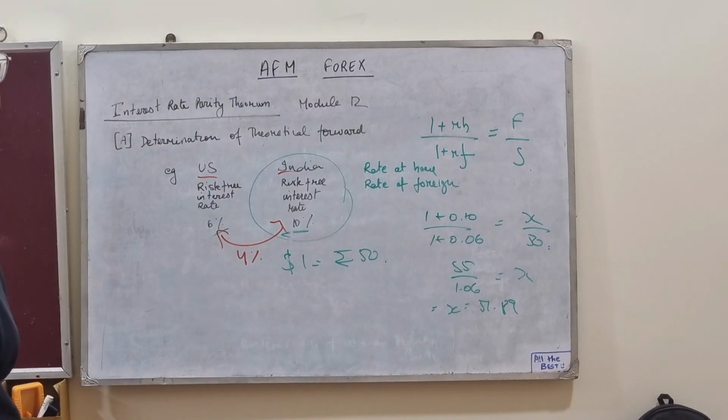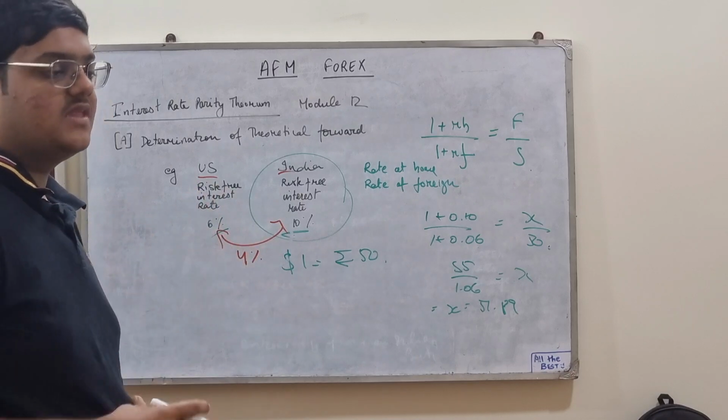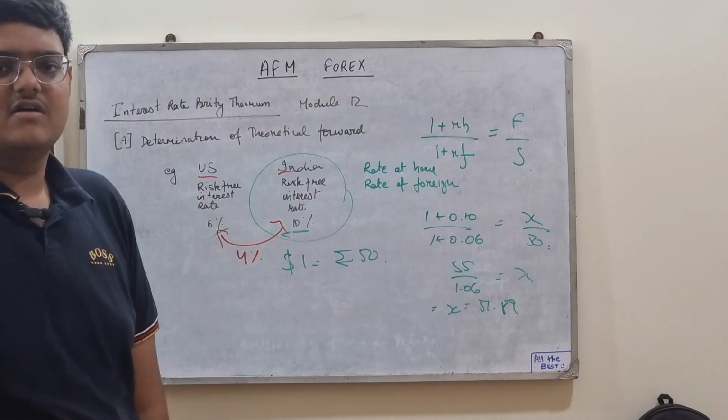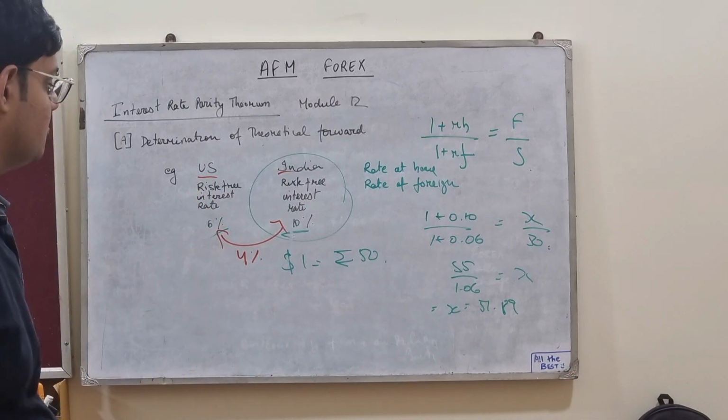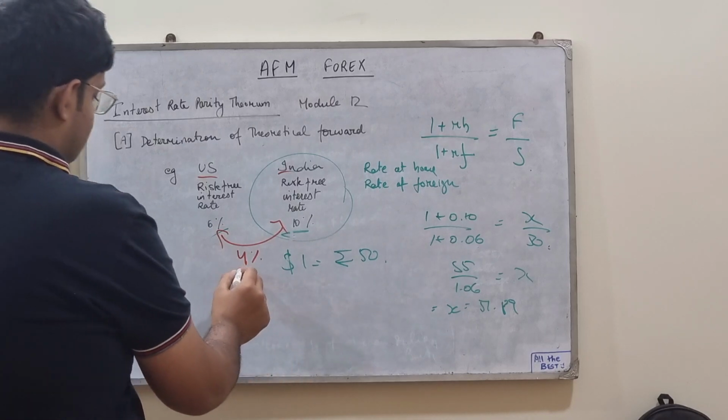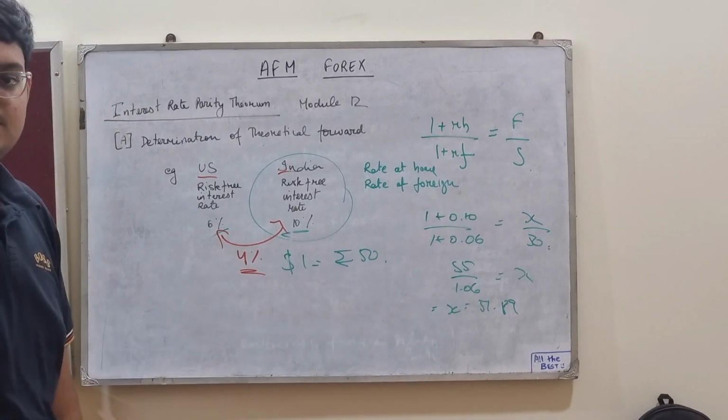It will be a little bit different because of the base that we take. I think I've explained that in earlier modules, in the appreciation depreciation module. But yes, it should be near 4%. That's it.